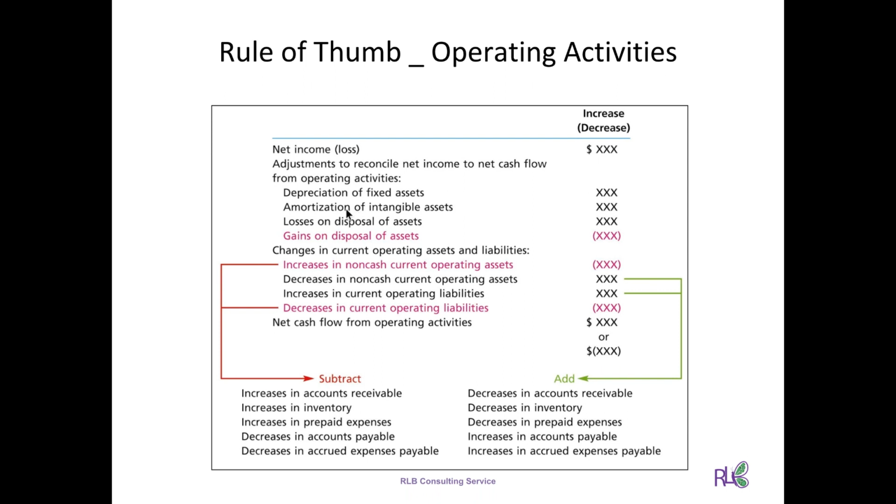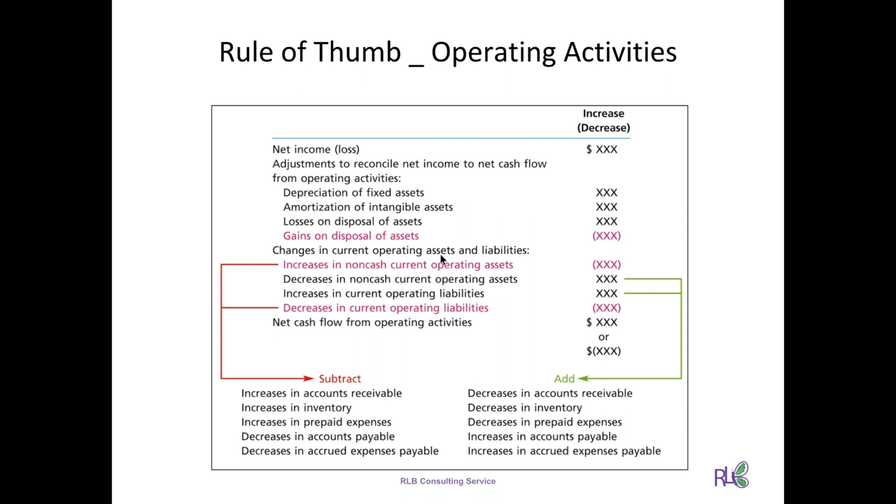If there's amortization, which we have not done any, but if there was some included, you would add it back as well because, again, it's non-cash. If it was a loss, you add it back because, again, it doesn't affect our cash, so we're adding it back. Then our gains, we do include it, but we have to subtract it, okay? Because we got a gain, meaning we received more, but we have to reduce it from our net income, okay?